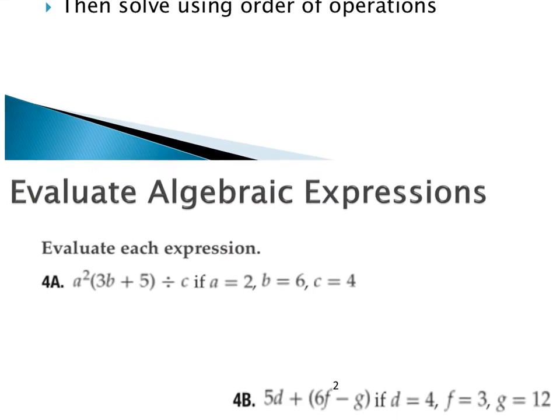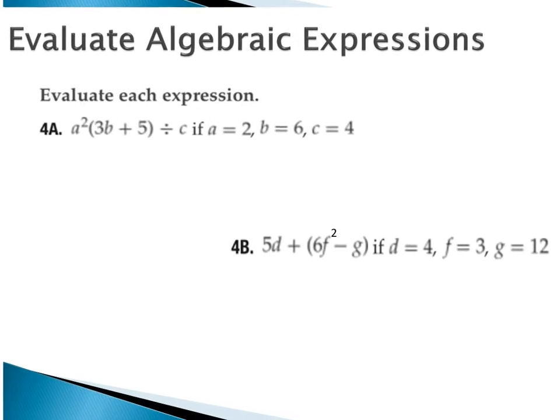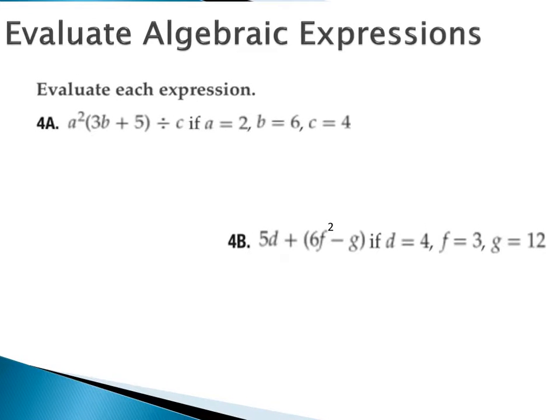So let's practice. I'm going to do this first one. You're going to do the second one. Here we go. So here are all the different letters and what they equal. The first thing you're always going to do is plug them in. Rewrite the equation with the values in parentheses.